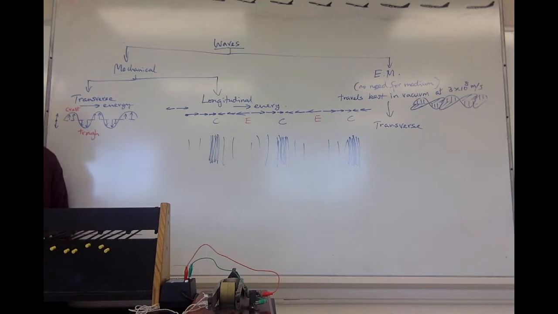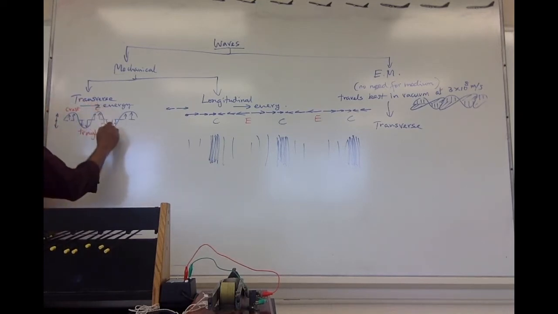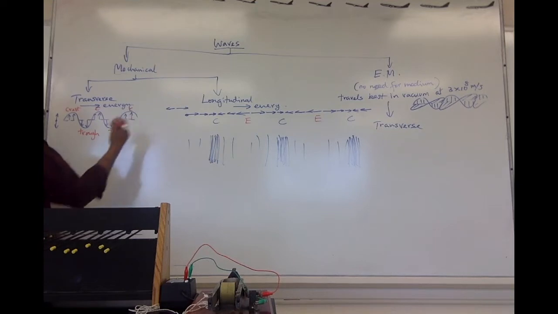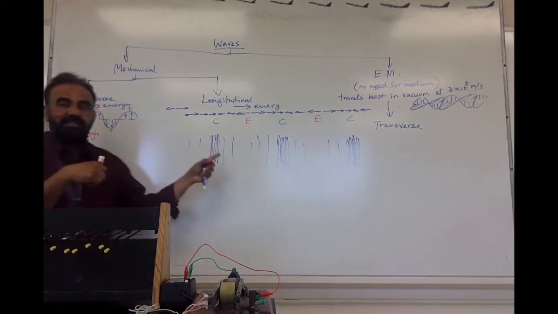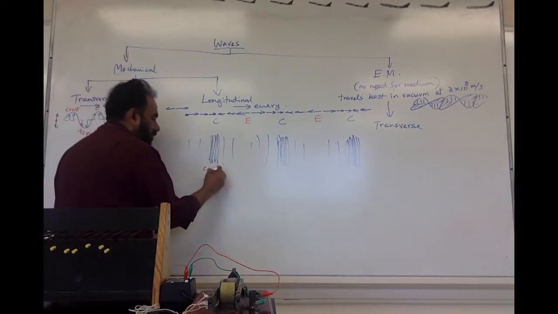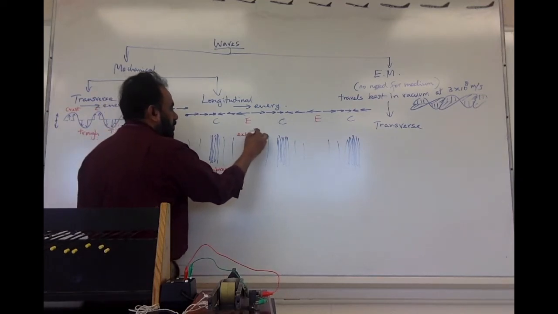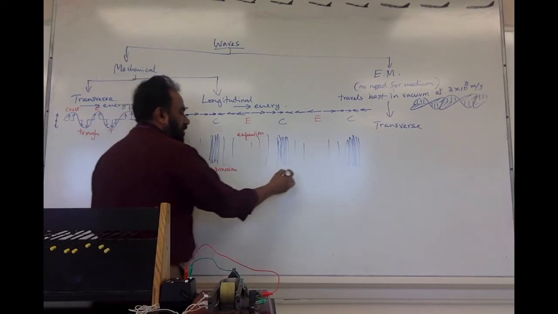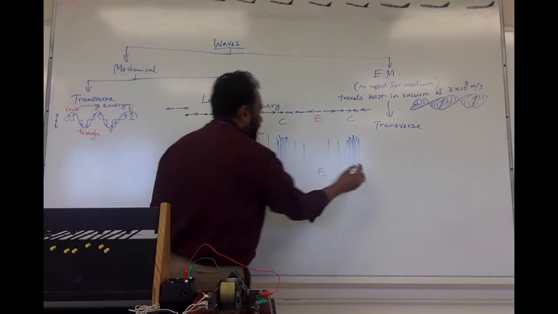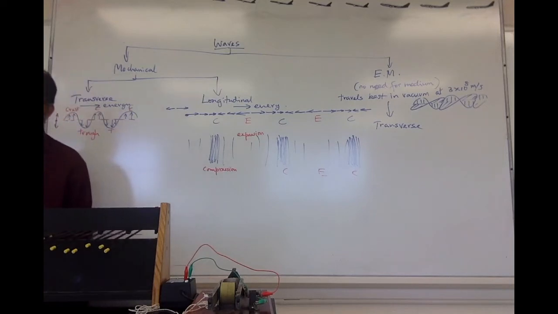Some say peaks and valleys, but most books will use crests and troughs. So you have crest, trough, crest, trough, whereas here, it is made up of compression and expansion. Compression, expansion, compression. Is that clear?